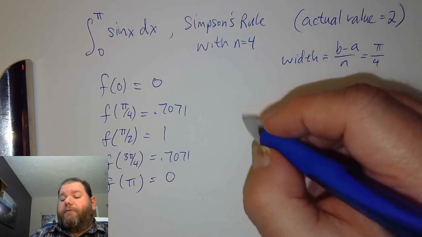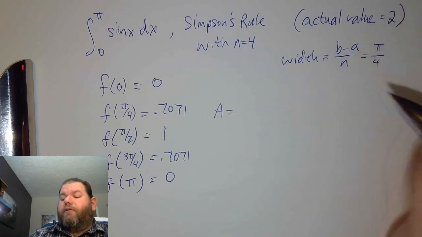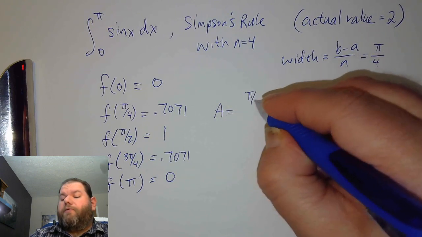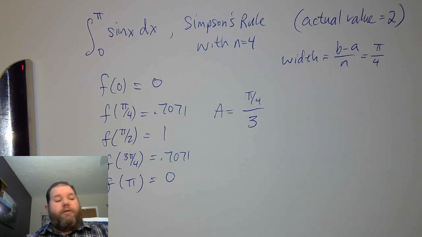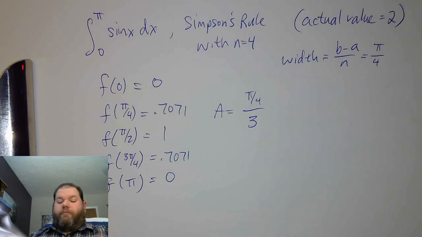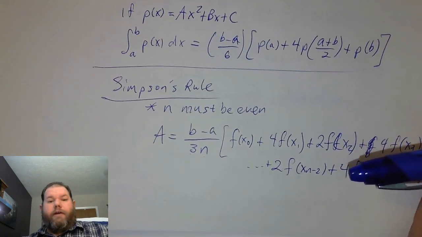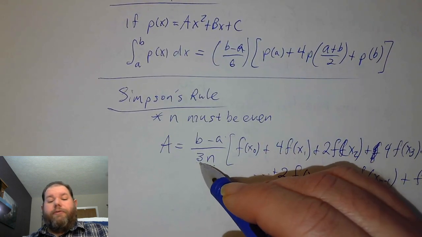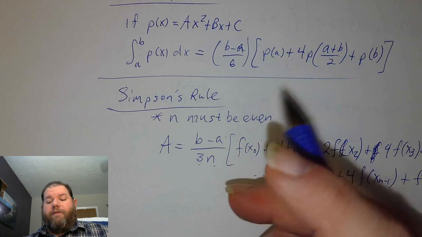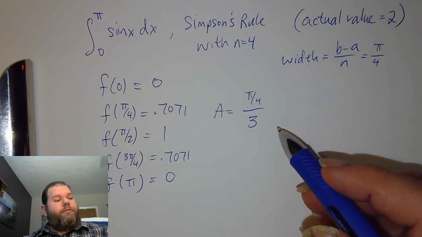Now, for Simpson's rule, the area is the width, which is pi over 4, divided by 3. It's width divided by 3, if we look at the formula, because it was (b minus a) over 3n. (b minus a) divided by n is the width, and the other 3 is what we also divide by from there. So if we want to think of it as the width over 3, that's one interpretation.